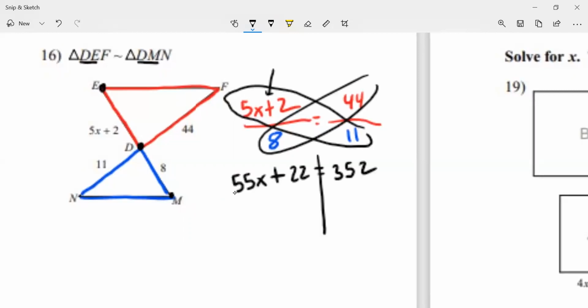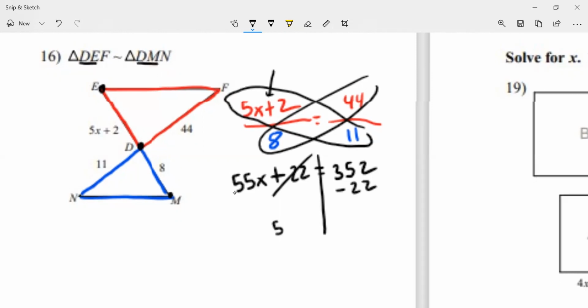Separate my sides through the equal sign, that way I can see one side and the other side separately. I want the term that has the x by itself, so I want to get rid of this plus 22. I get rid of it by moving it to the other side. Don't forget to switch the sign, so let me switch it to a minus 22.